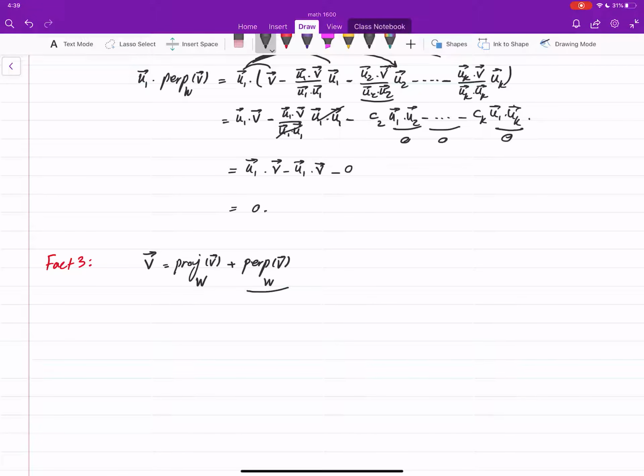That's easy to see, because the definition of perp is V minus the projection of V over W, and this and that cancel each other, you get V.